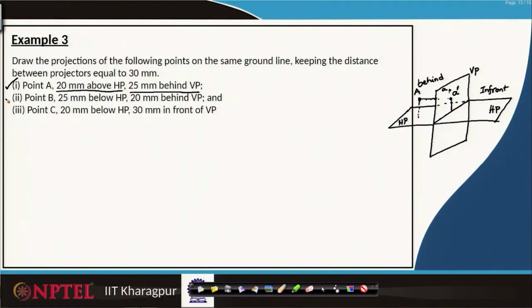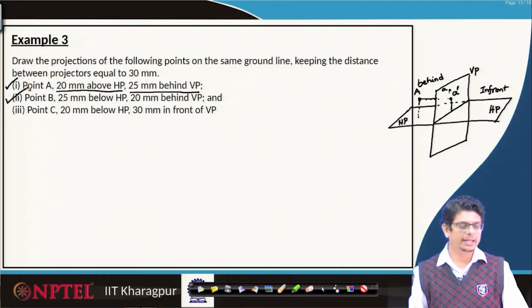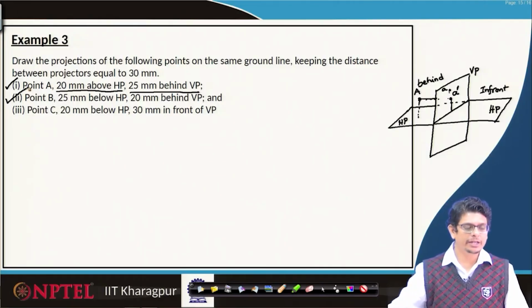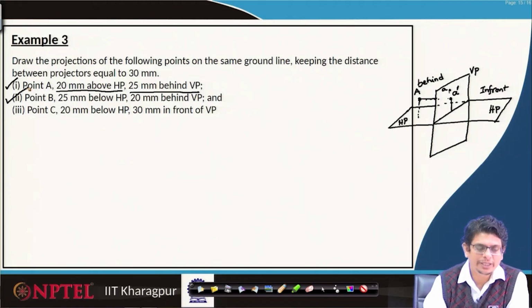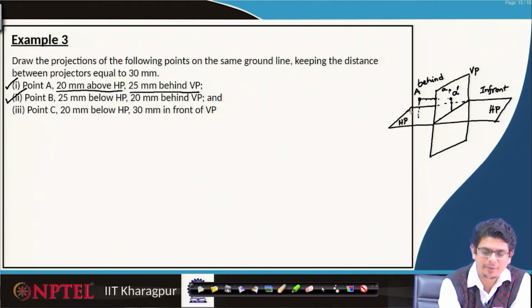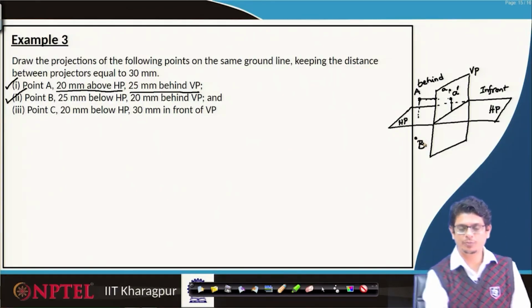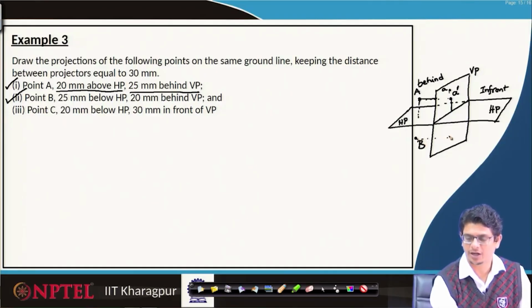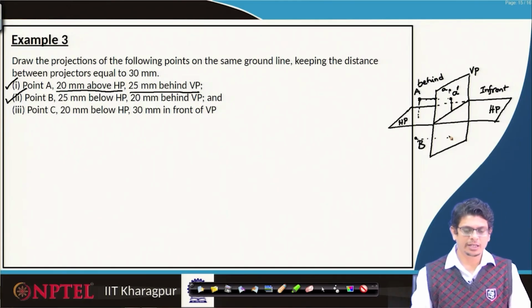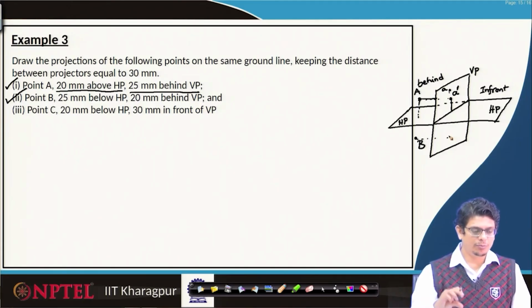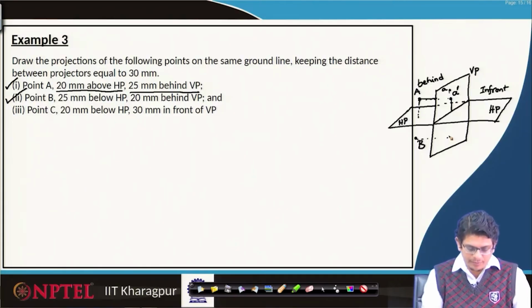Let us move on to the second part. In the second part, point B is 25 mm below HP and 20 mm behind VP. So, behind VP is here, below is this. So, point B must be somewhere there. Then first project this point B onto the vertical plane. For that purpose, below is 25 mm.